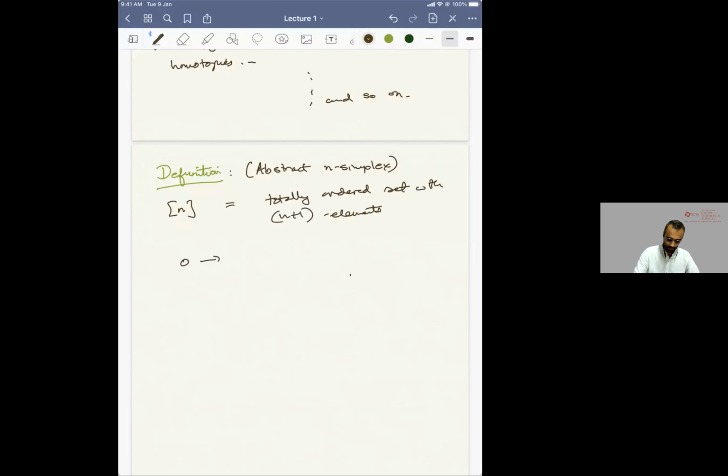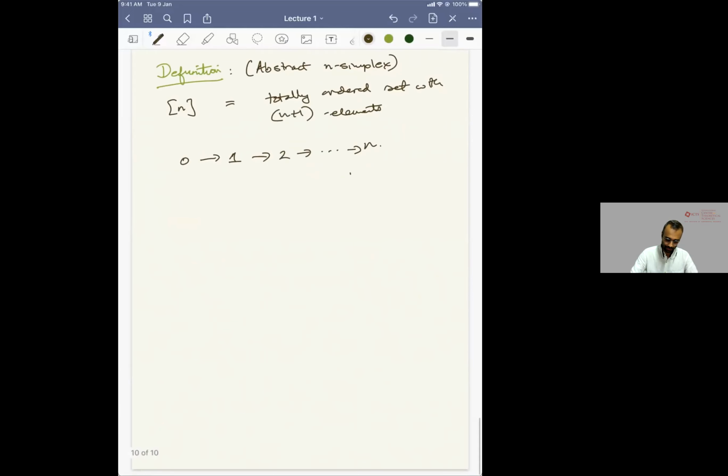So it's this guy. And this picture is a little misleading because I have an arrow from 0 to 1 and an arrow from 1 to 2. I can, of course, compose them and get an arrow from 0 to 2. So it's probably better to draw a picture that looks like this.